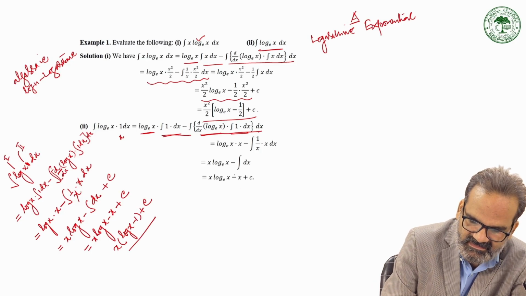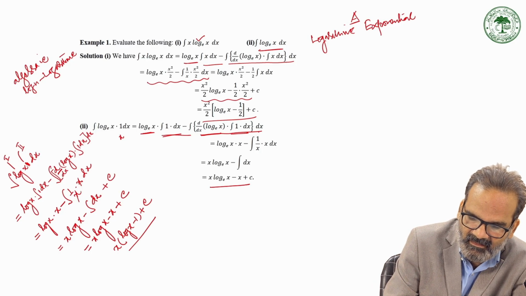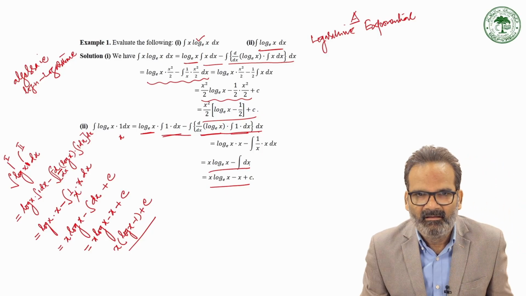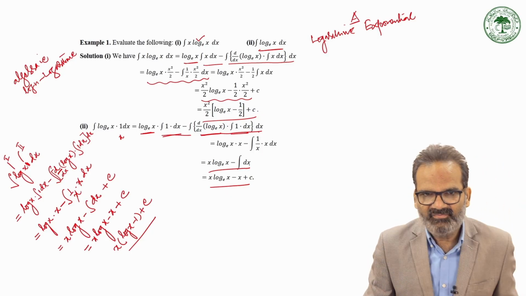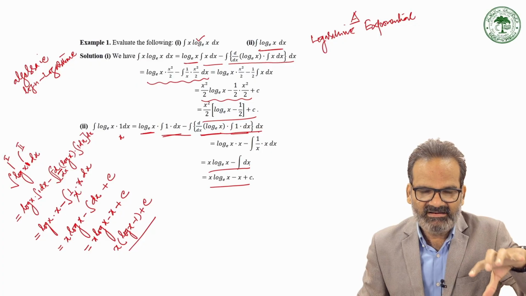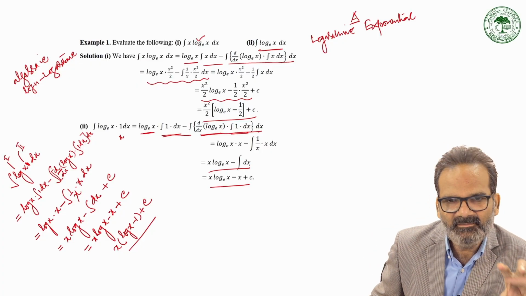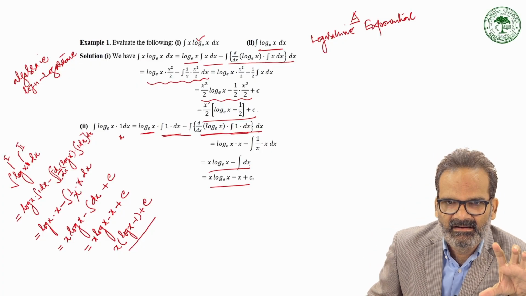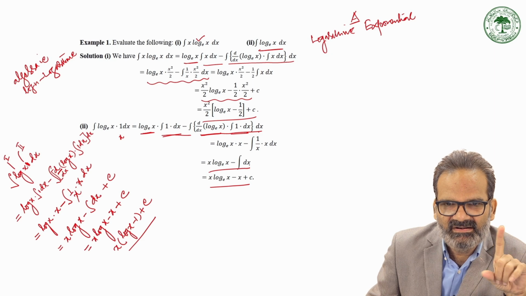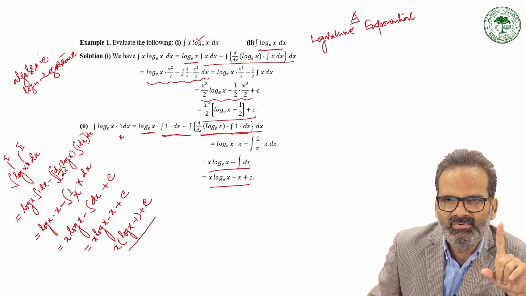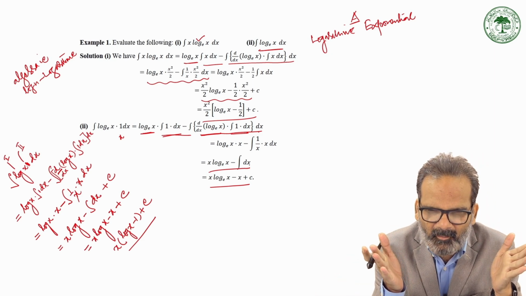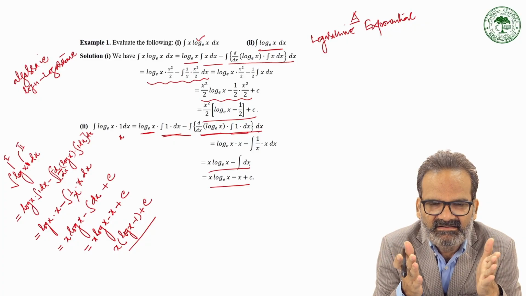So this is the required integral that you obtained by integrating the single function log x using this approach. In some cases we will use this approach. A single function is given to you, so what we will do is multiply that single function by 1, right?